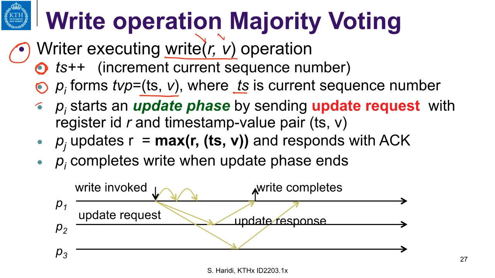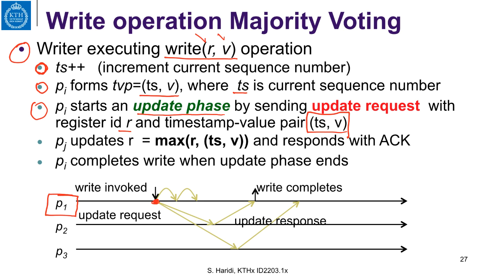And then Pi will start the update phase by sending update requests for register R with a timestamp value pair TS and V. So here is where process P1 starts the update phase.